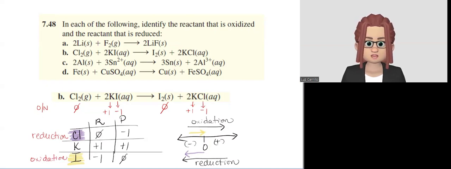One last thing that I want to mention is that when we try to verbalize what is oxidation and what is reduction, we always do it in terms of the reactants.